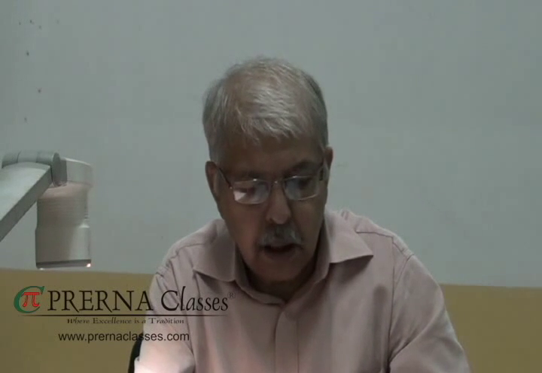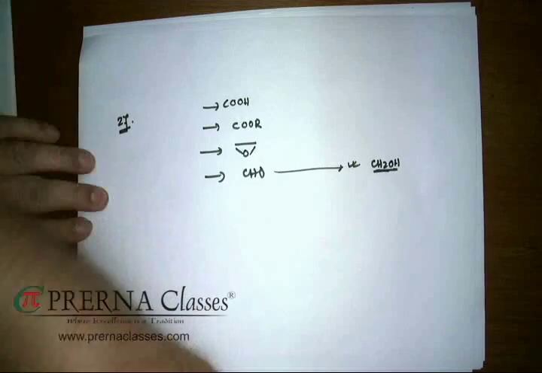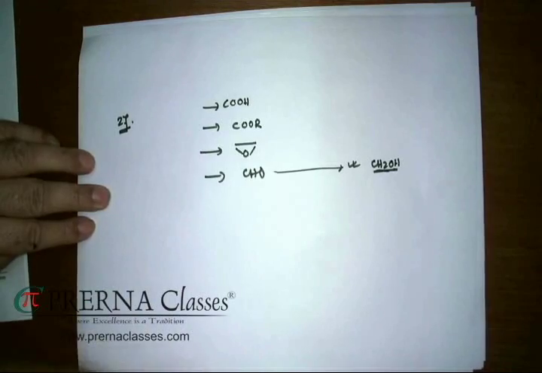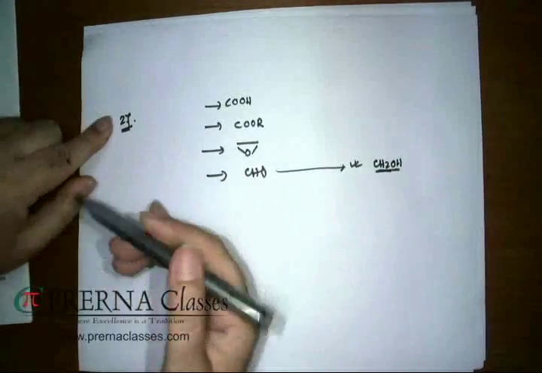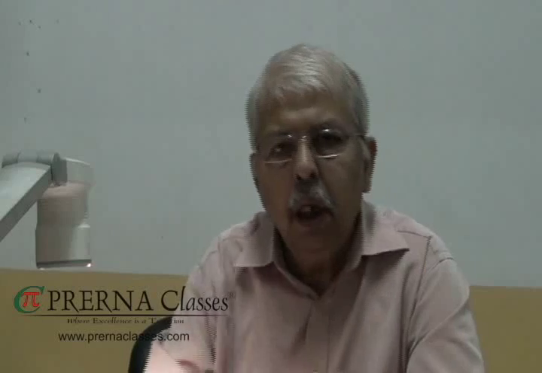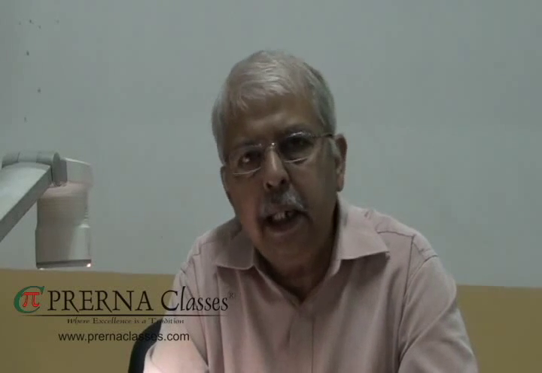So B is also not a correct answer. It is NaBH4 in C2H5OH that reduces only the aldehyde. So C is the correct option. C is the correct option. Raney nickel reduces ester as well as aldehyde and epoxide.